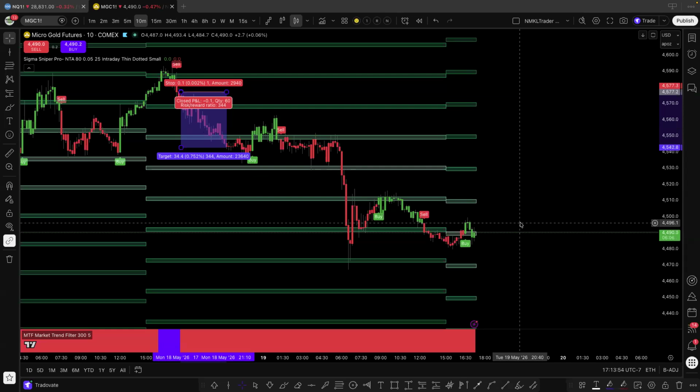The bottom line is, if you do your risk management correctly, use the 2 to 1, 3 to 1 risk to reward, I'm sorry, 1 to 3 risk to reward, or 1 to 2 risk to reward, and trade management, you're going to be profitable a lot more.